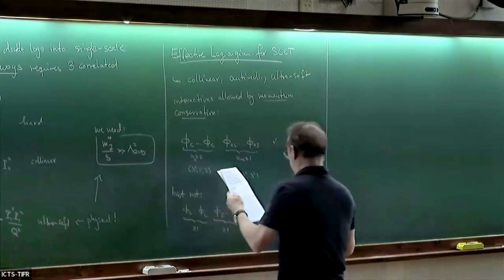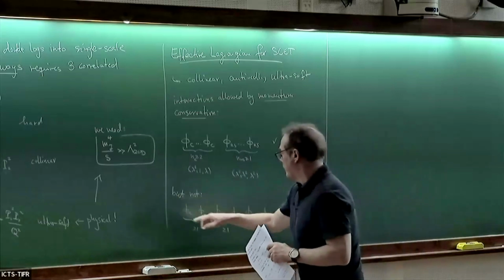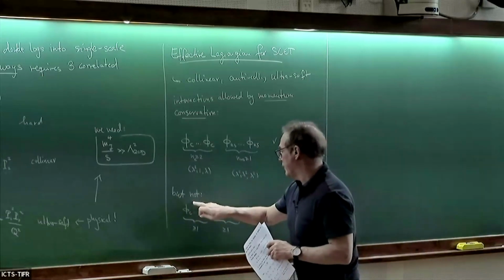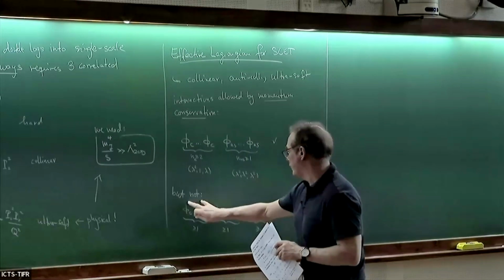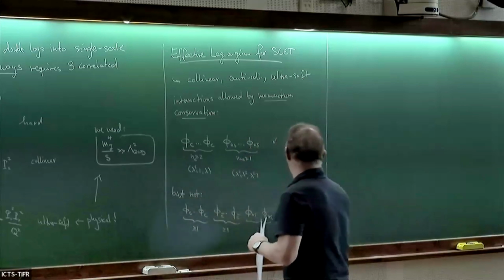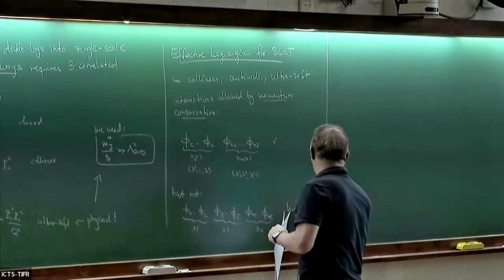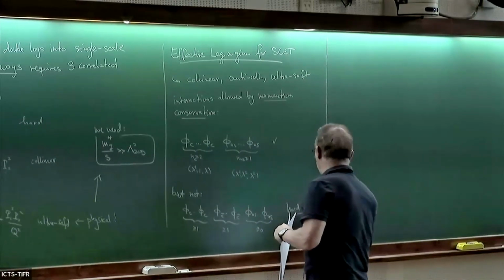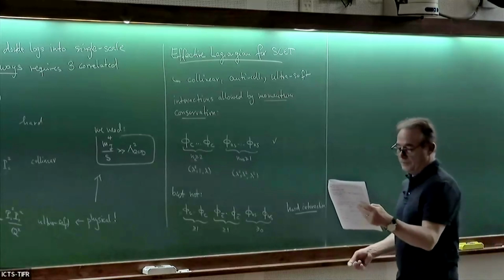This is not allowed because generically, if I have this bunch of collinear fields, I will get a collinear momentum here. Here I will get an anti-collinear momentum. Generically, these two together will make a hard momentum. This is a hard interaction. And since it's a hard interaction, it's already integrated out. It's not allowed in the low energy theory.